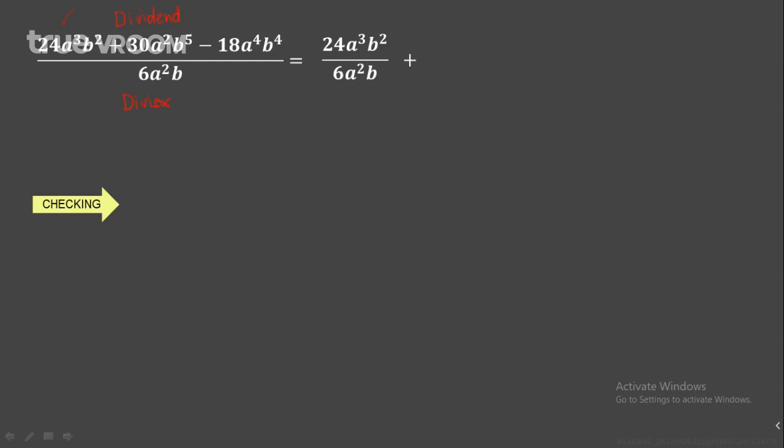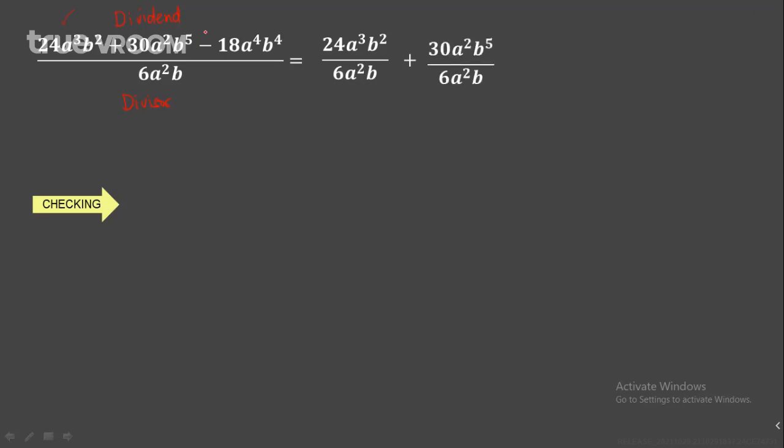Second term. 30 a squared, b raised to 5, over 6 a squared b. A squared is a raised to 2, b raised to 5, over 6 a squared b.